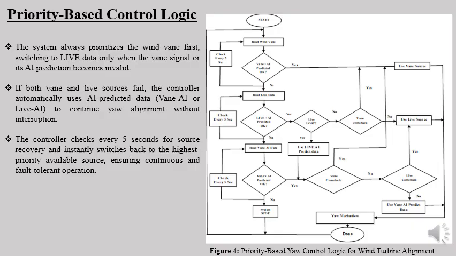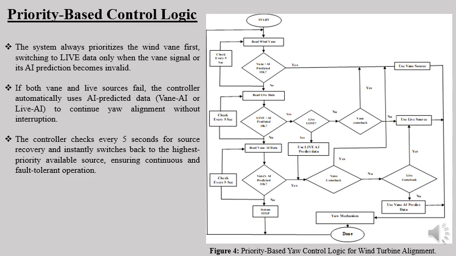This slide explains how the system selects the most reliable wind direction source using a priority-based control logic. The process begins with the wind vane, which is always given the highest priority. The system stays in vane mode as long as the vane reading and its AI prediction remain valid.